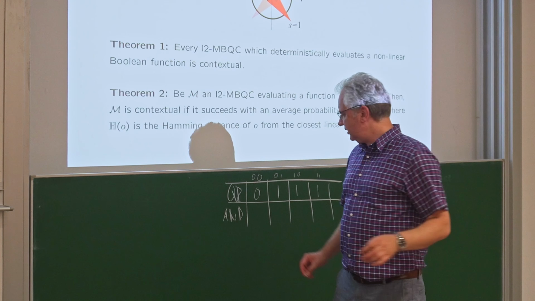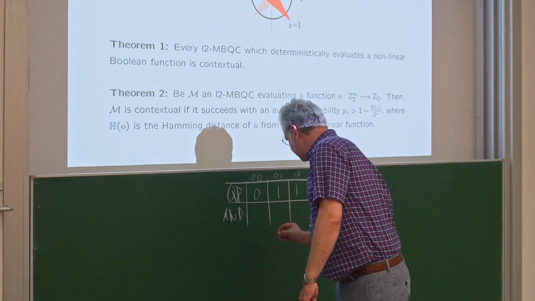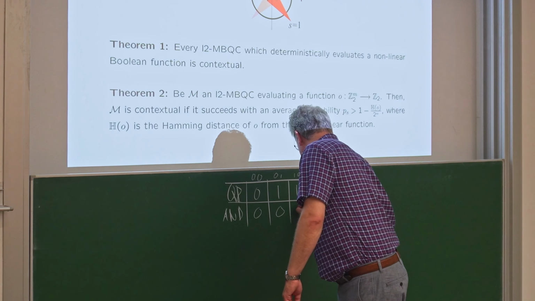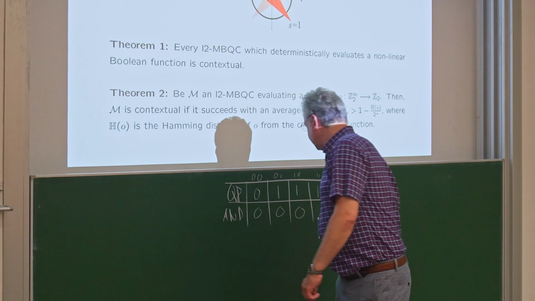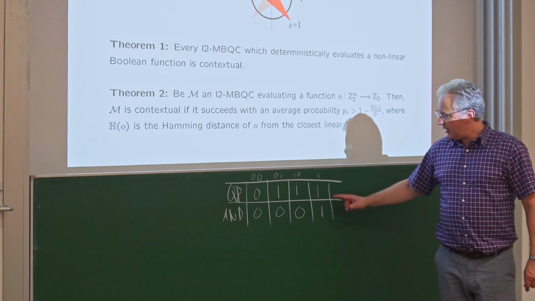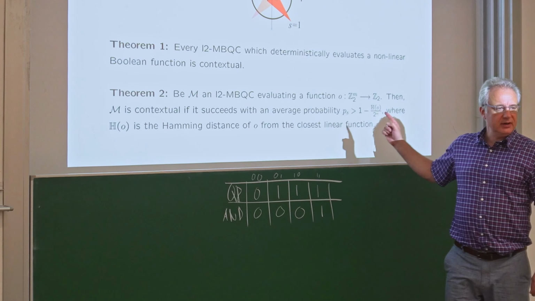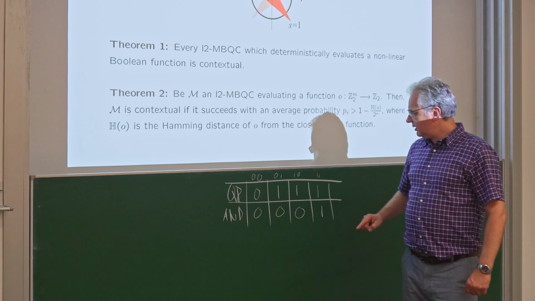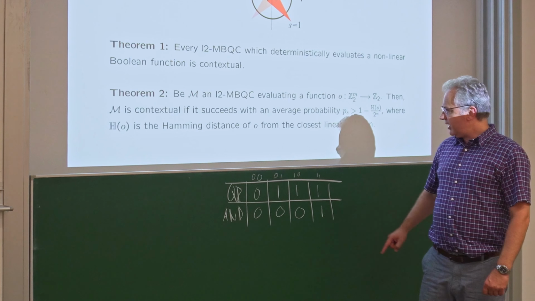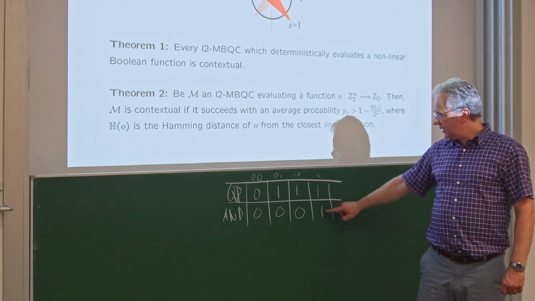AND is not going to be super interesting for us today, and it is 0, 0, 0, 1. I want to illustrate the notion of Hamming distance. Hamming distance counts the positions where the two functions differ.